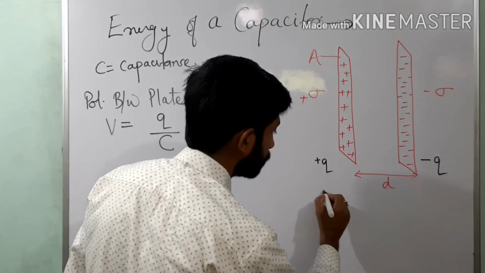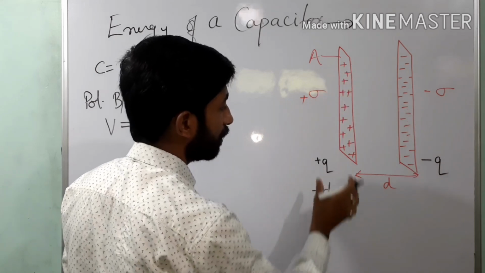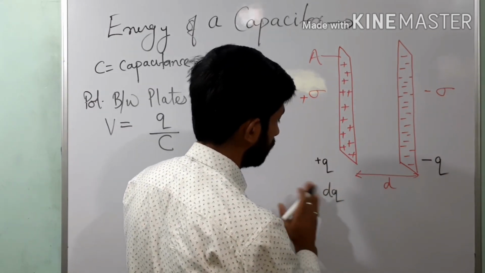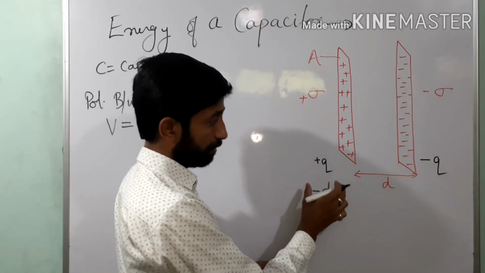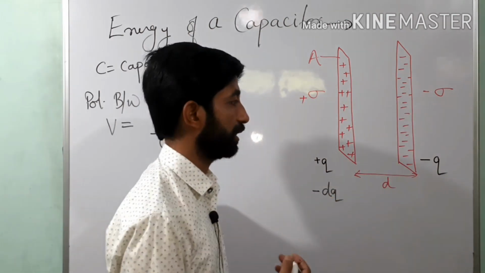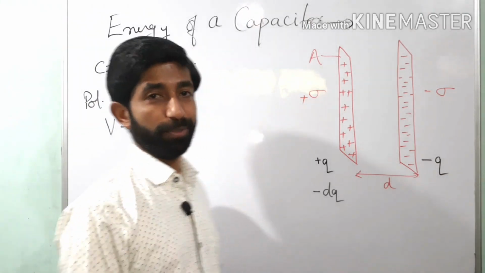Now you decide to take a very small charge, minus dq, from this plate to that plate. You want to shift that amount of charge. Then obviously you will have to do some work.